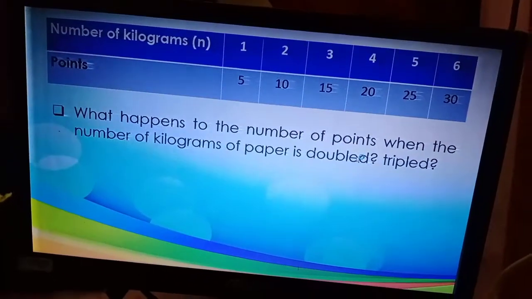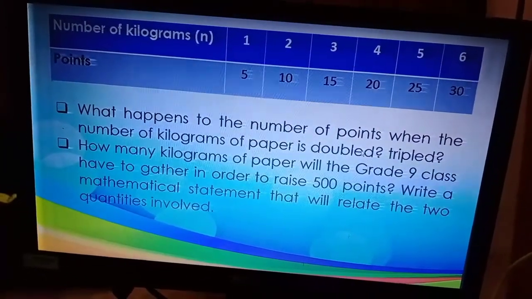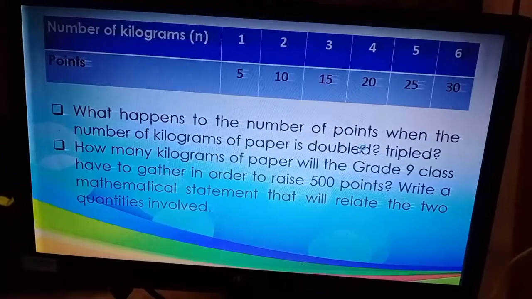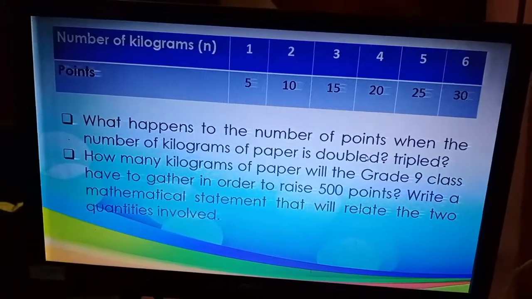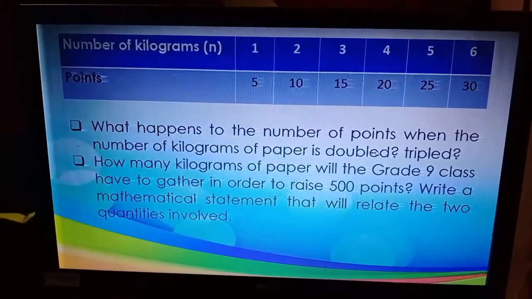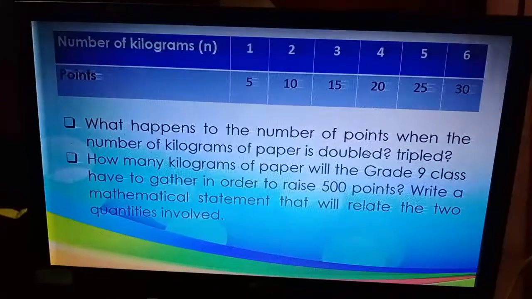So when the number of kilograms is doubled, the number of points is also doubled, and when it is tripled, similarly, the number of points is also tripled.